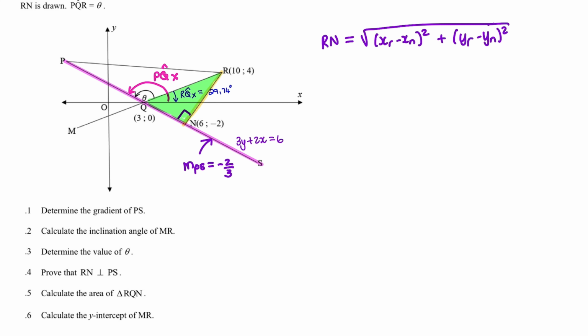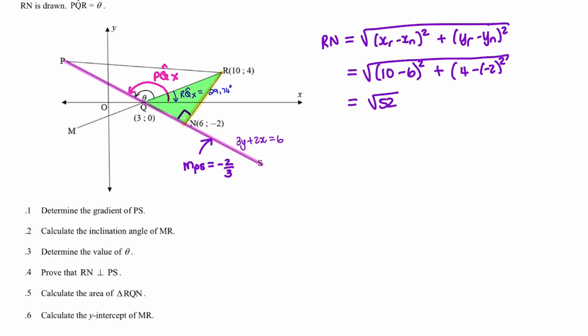Now this formula is also on your formula sheet, and when I substitute, I have 10 minus 6 squared plus 4 minus 2 squared, and I take the square root of that, and that answer is the square root of 52. So we have the length of RN.